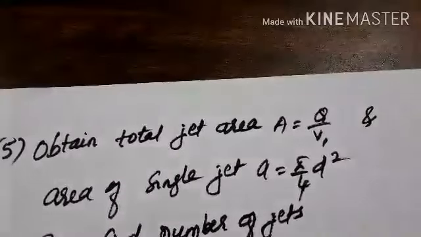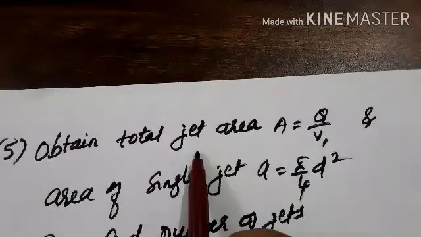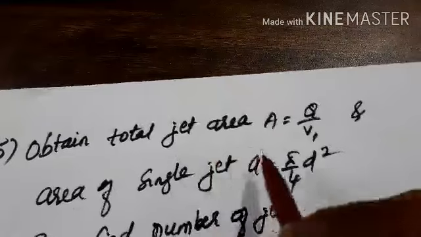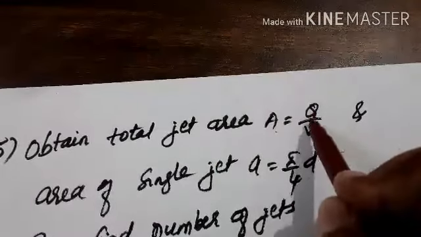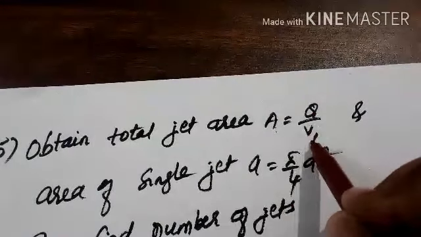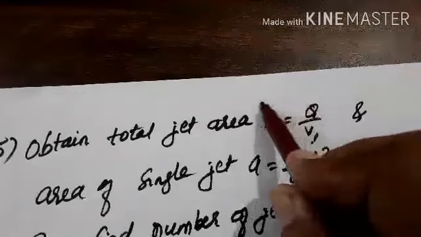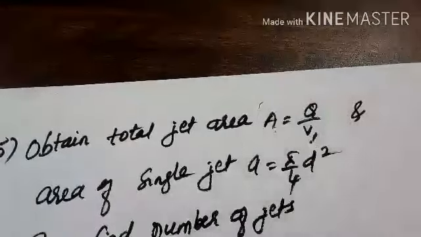Then the fifth step, obtain the total jet area. The total jet area can be given as A equal to Q, because we know the total discharge, divided by the velocity. This is the total area of jet.